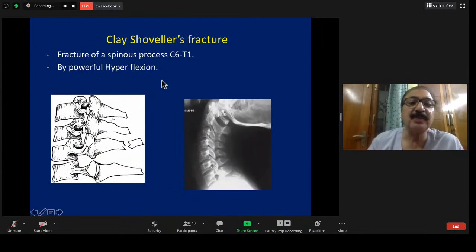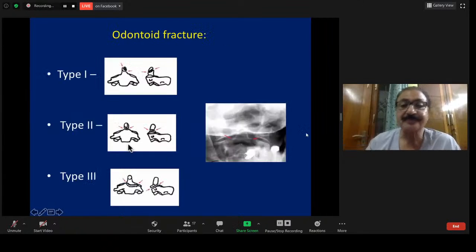A clay shoveler's fracture is an injury of severe hyperflexion of the cervical spine. There is an avulsion fracture of the spinous process, anywhere from C6 to T1. Like in this case, the picture is not very clear, but this is a line diagram of the same thing.